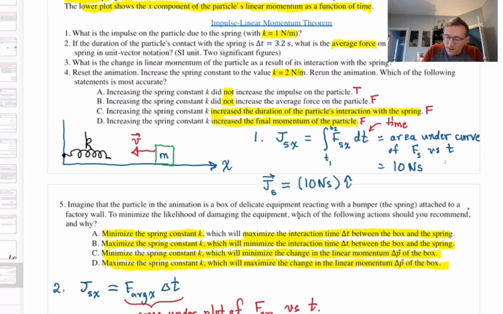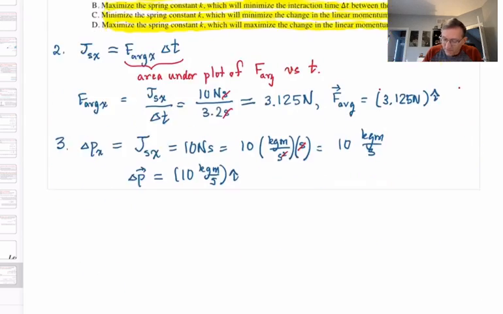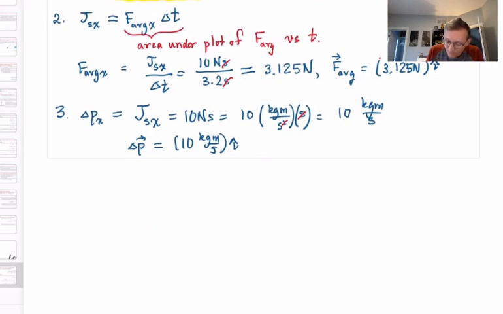All right, so let me give myself a little bit of space here so I can write. Okay, we're answering number 5. Seems to me that my goal is to minimize the effect on the box with its equipment inside. I don't want to have a huge force acting on the box.